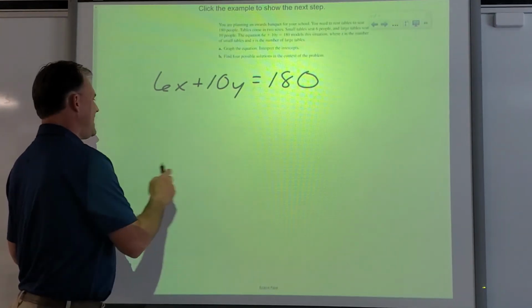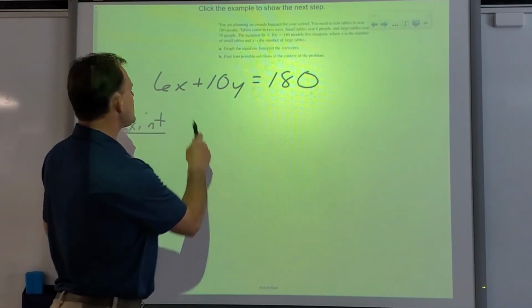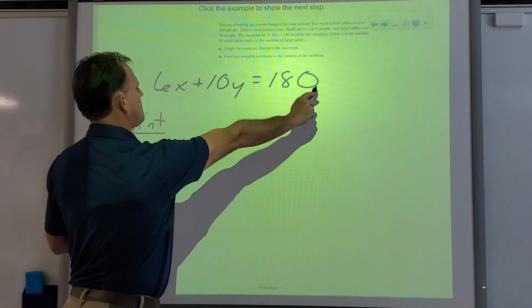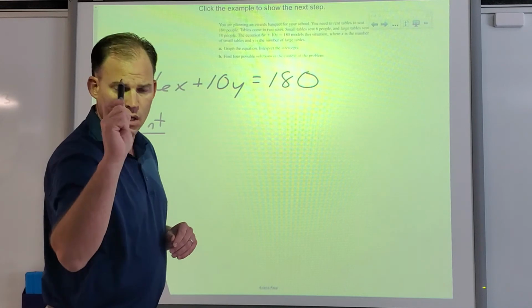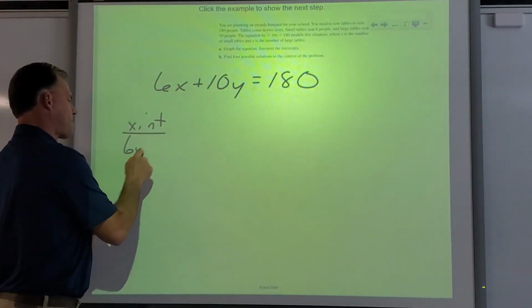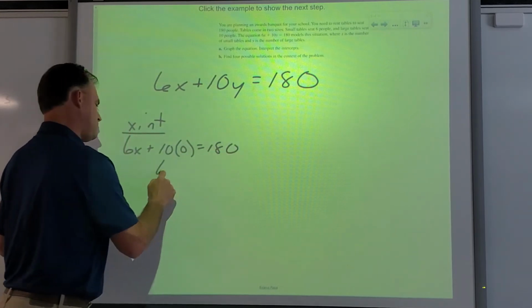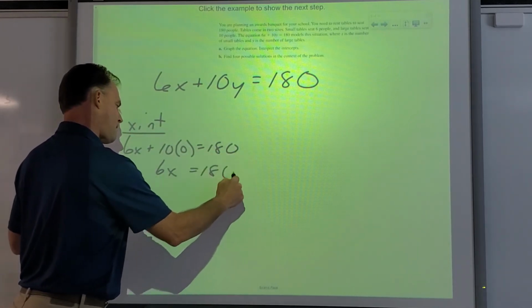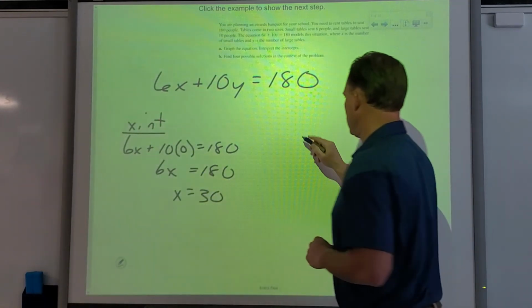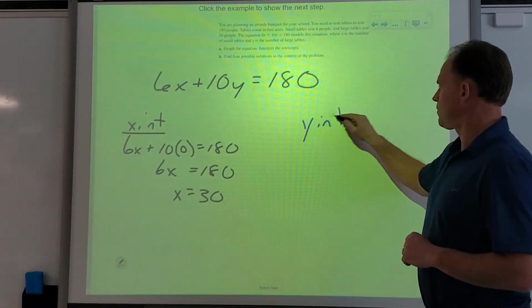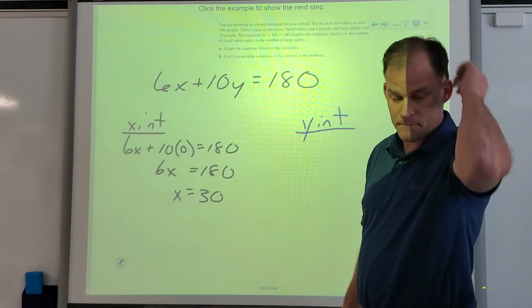So if I want to find the x-intercept, put 0 in for what? Y. Y-intercept, put 0 in for x.